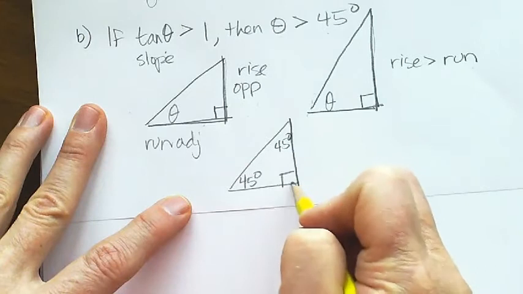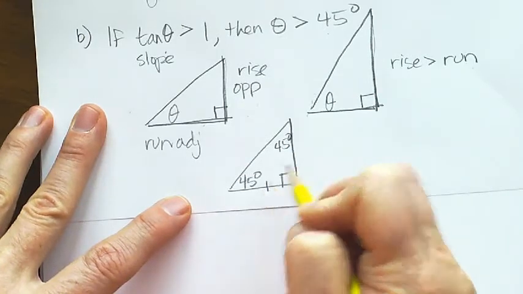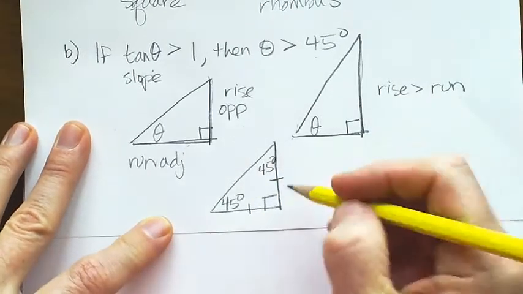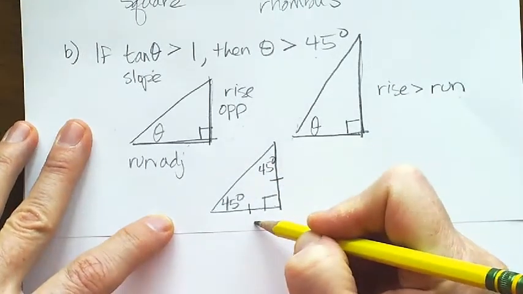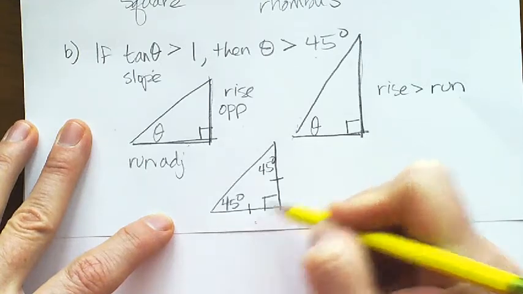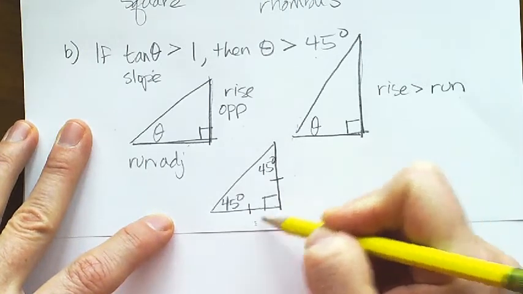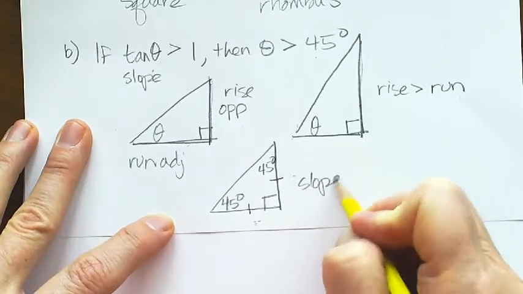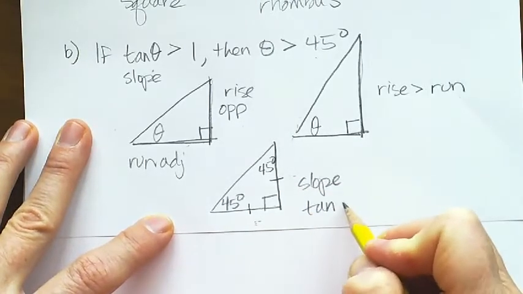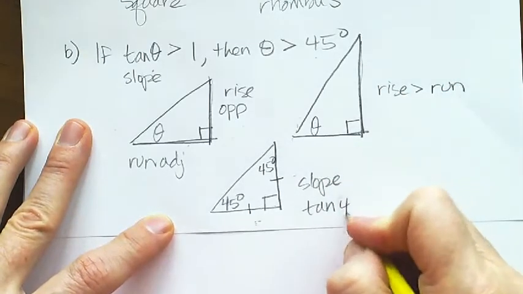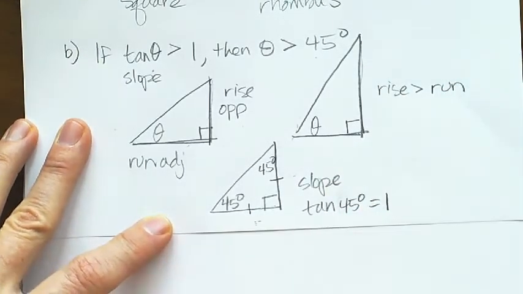And a 45, 45 right triangle has 2 sides that are equal. And if I look at this side divided by this side, it doesn't matter what the length of each one is, whether it's 1 over 1, 2 over 2, 3 over 3. That slope, the tangent, let's put tangent 45, is going to be equal to 1.